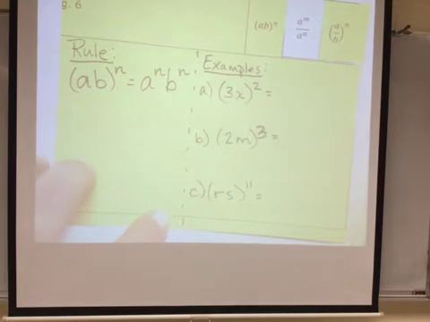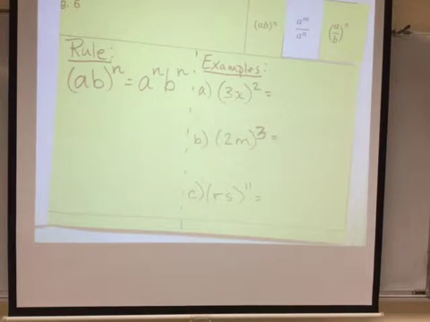We're going to rewrite these as positive exponents. You ready?